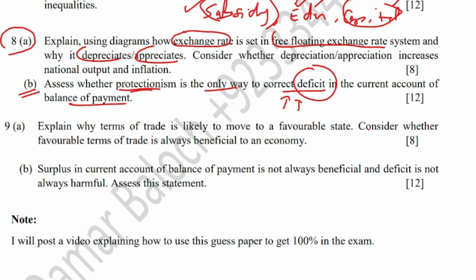But on the other hand, you will say that protectionism is not the only way to correct deficit. We can use fiscal policies, we can use monetary policies, and we can use supply side policies as well. So fiscal policy is the policy of taxation and government spending. So if government increases tax on people's income, their purchasing power will fall and they will tend to buy fewer imported goods, so balance of payment deficit will be corrected.